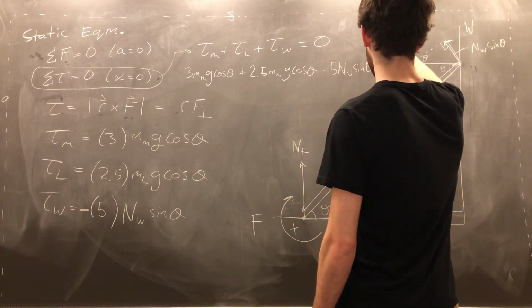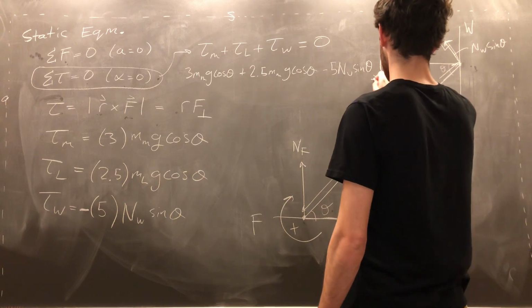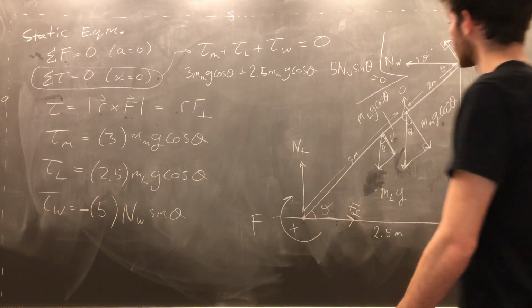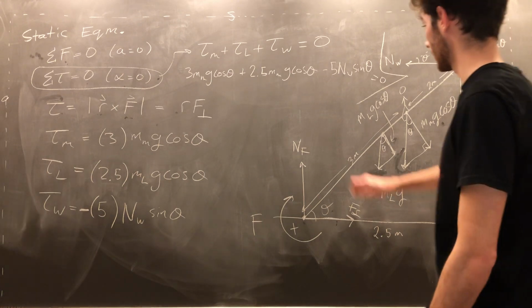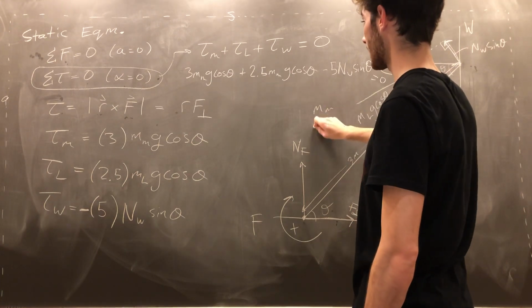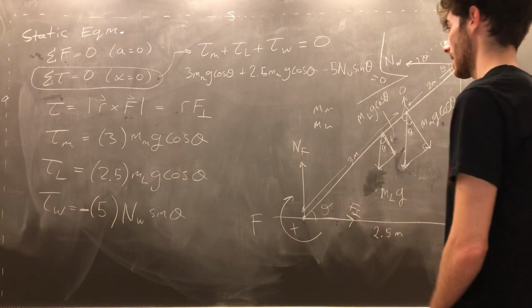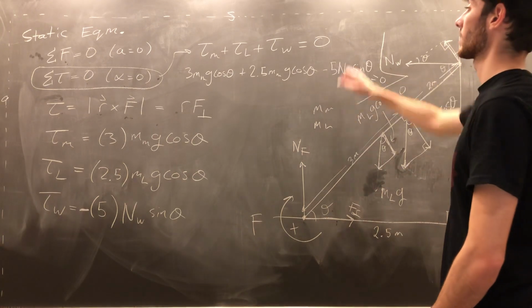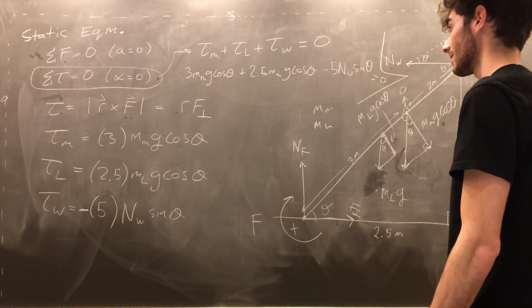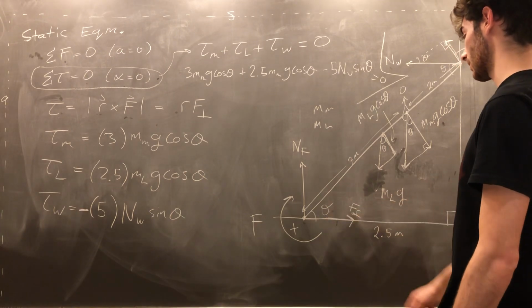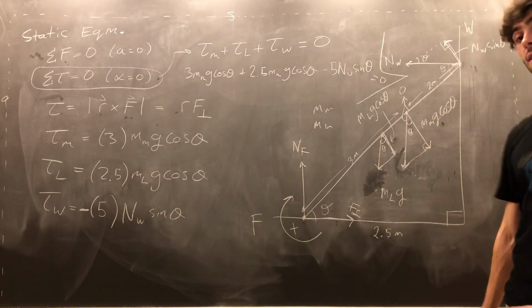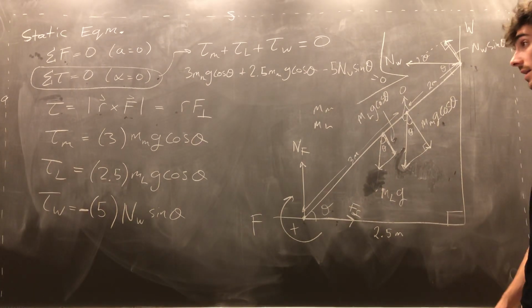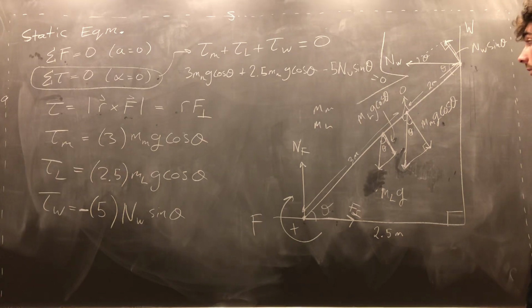Well, I'm running out of room, but this guy's going to be equal to 0. And so we don't need to bother going through all the math or through the algebra, but if I gave you m_m and I gave you m_l, then we can solve for n sub w, because we know what g is and we know what this theta is just by trigonometry. And if you just look at it for a second, you can see that it has to be 60 degrees. But yeah, that's all I wanted to go over.